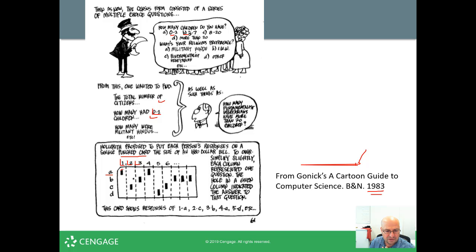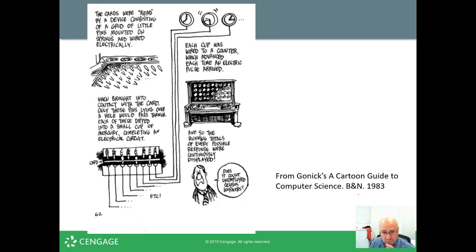So a punch on this location would say that question 1 had answer A, and question 2 had answer C. So this will be one card per person.